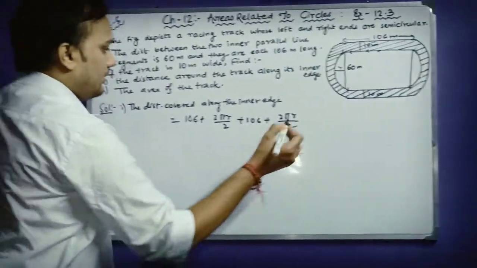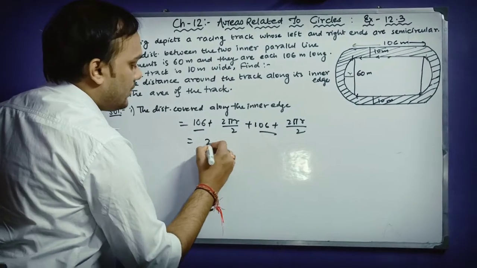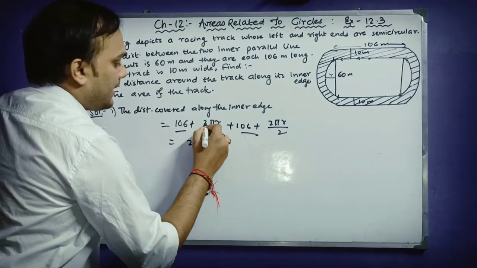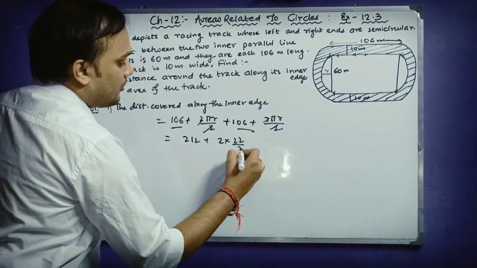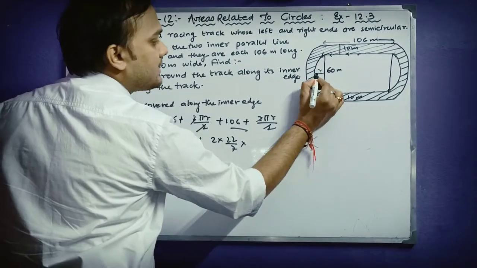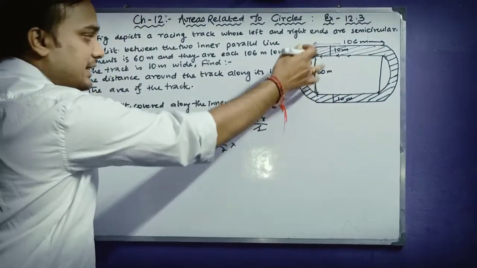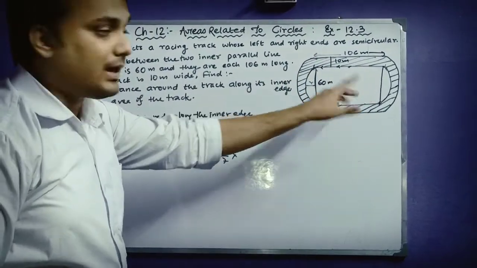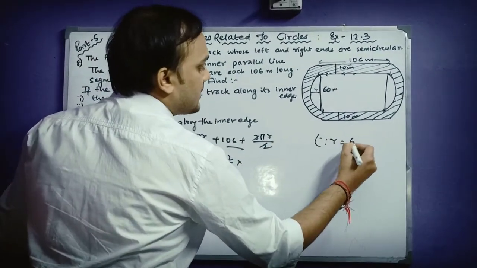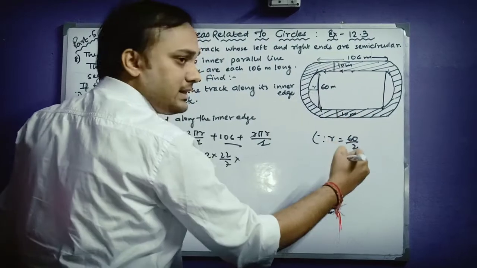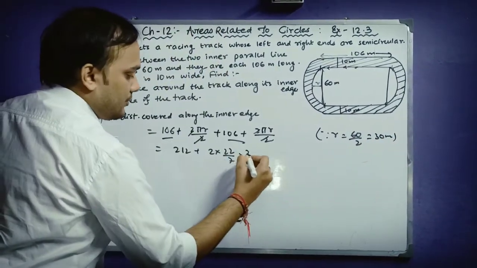So we get 106 plus 106, which equals 212, plus 2 pi r, that means 2 into 22 by 7. And what will be the radius here? The total is 60 meter, that means the diameter of that particular circle is 60 meter, so the radius will be 60 by 2, that is 30 meter, so it will be into 30 here.